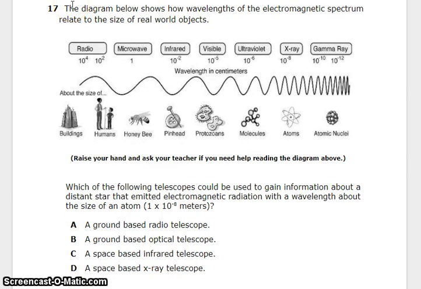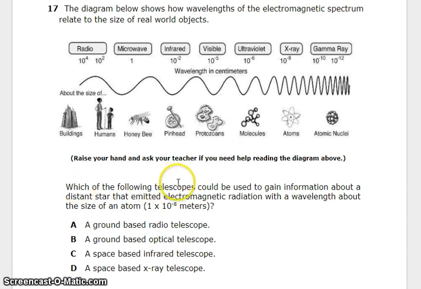Number 17. The diagram below shows how wavelengths of the electromagnetic spectrum relate to the size of real-world objects: radio, microwave, infrared, visible, ultraviolet, X-ray, gamma ray.